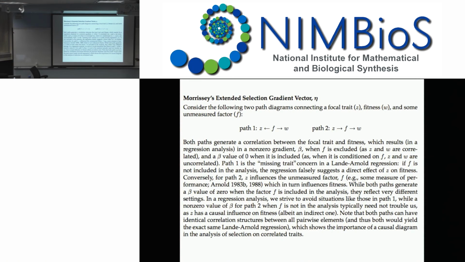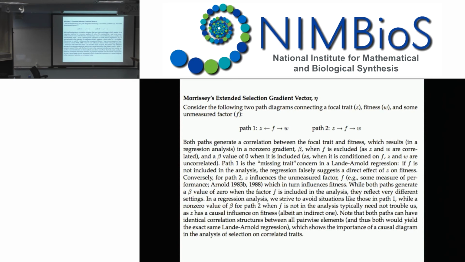So suppose that F is a character I don't measure. Path 1 and path 2 both generate a correlation between Z and W. The fact that I left out F in path 2 is no big deal. The path that I left out F here, that's the missing trait problem, because Z is not directly causal on W, whereas here Z is indirectly causal.